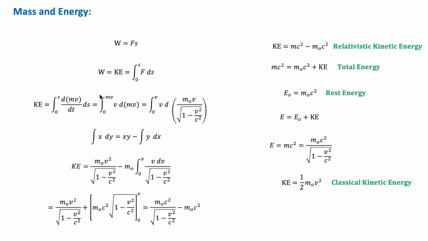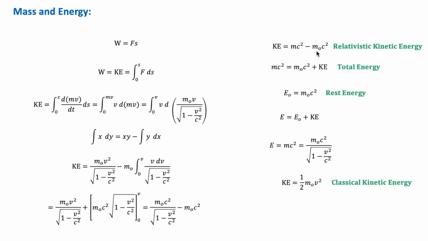Which is F equal to dp over dt, and we substitute, and then we use integration by parts to get this expression for the kinetic energy. And solving, we get this expression here, and this one is the relativistic mass. So we get the relativistic kinetic energy is equal to mc squared minus m naught c squared.